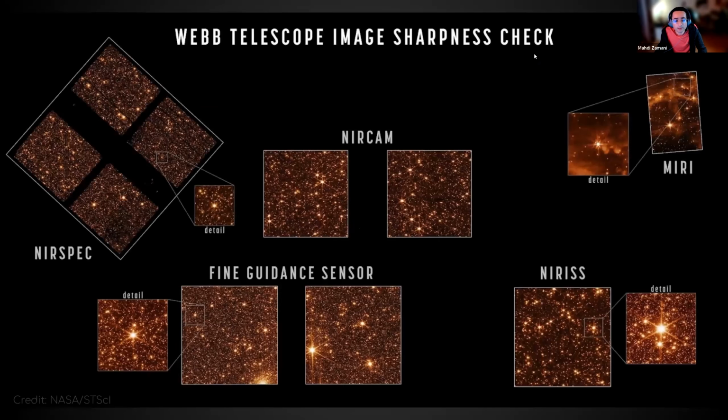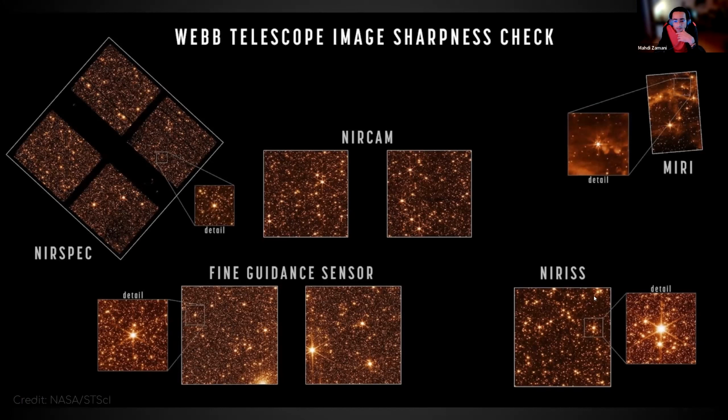You can see the field of view of NIRCam compared to other instruments, and it actually has two sensors working in parallel, and it's sensitive to the near infrared part of the light spectrum.